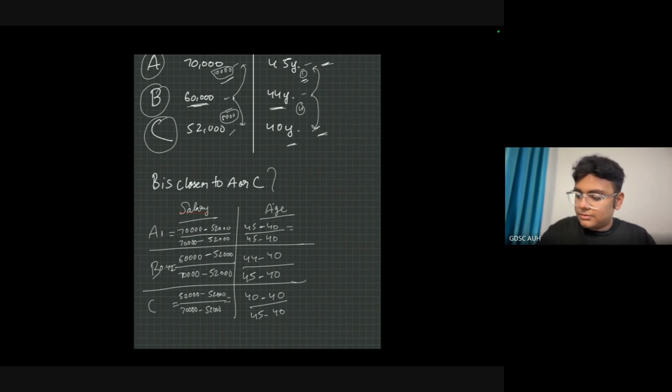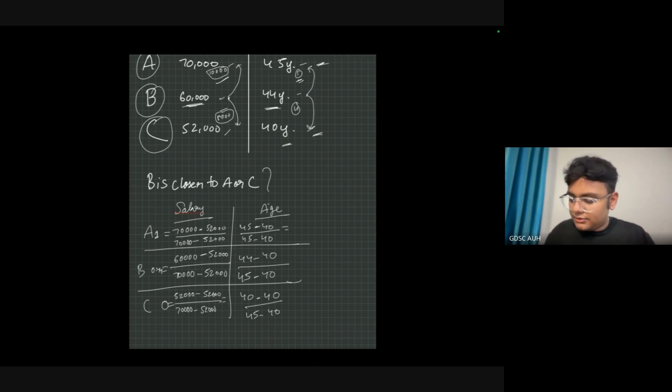This was B at 0.44, and this was 1. And C will be 52 minus 52, which is 0, and 0 divided by anything is 0. For age, 5 by 5 is going to be 1, 4 divided by 5 is going to be 0.8, and 0 divided by 5 is 0.